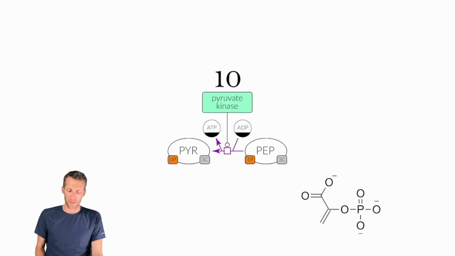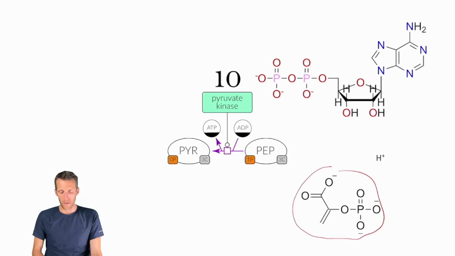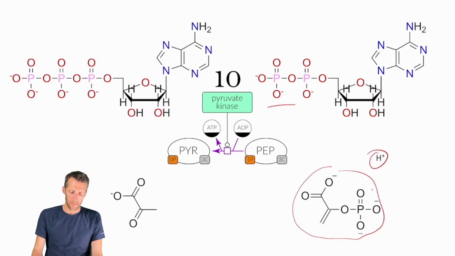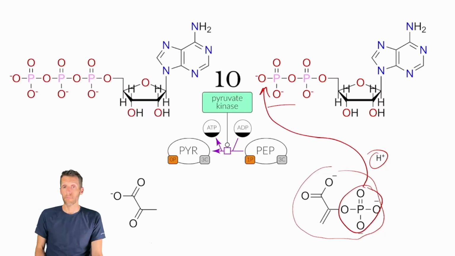But what that means is we can take this transiently populated phosphoenolpyruvate, grab a proton from the environment and an ADP molecule, and transfer the phosphate onto the ADP, making ATP. And ultimately, what that yields for us is an ATP and a pyruvate.